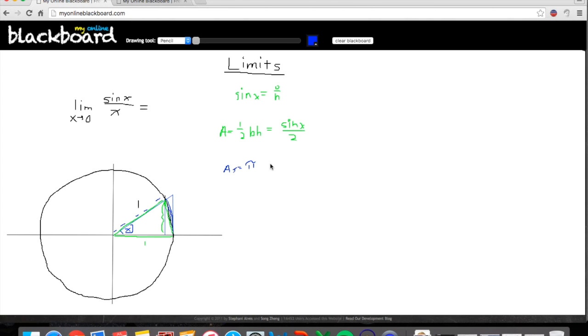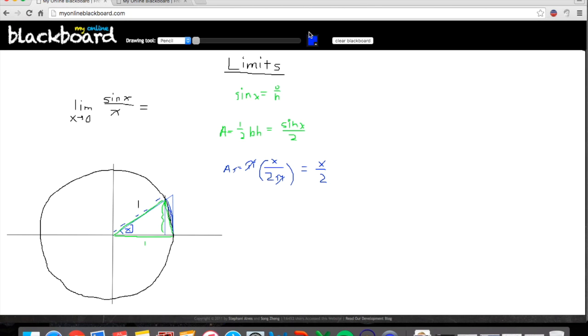This turns out to be really nice because we can just cancel these out. What we end up with is that the area of that sector is x over 2 for some angle x.